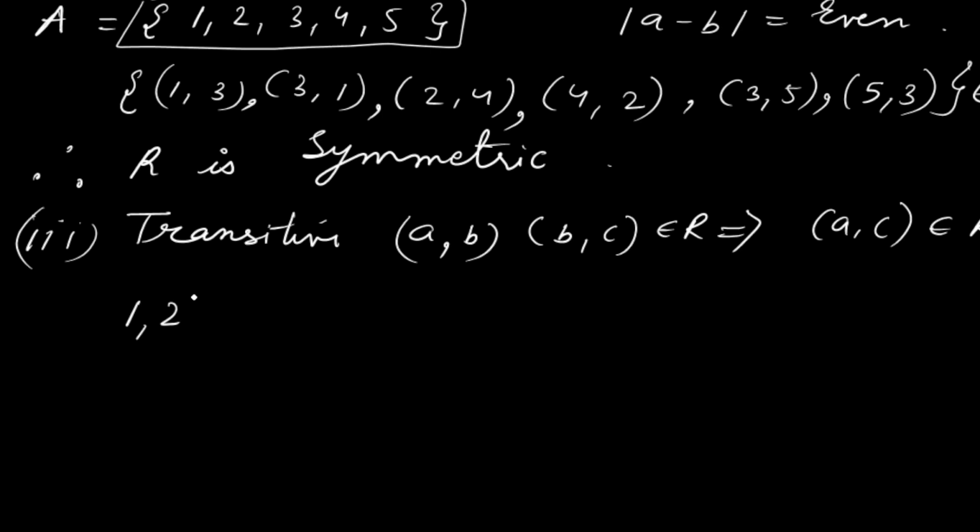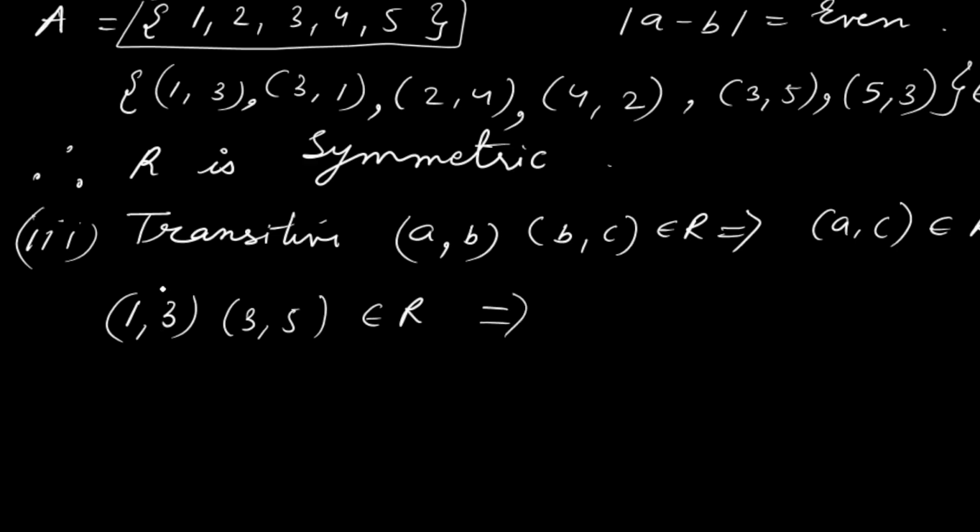So 1 comma 2 will not satisfy, because it will give us 1, which is not even. So 1 comma 3, because the mod of 1 minus 3 gives 2, which is even, and then 3 comma 5. 3 minus 5 is minus 2, and its mod will be positive 2. So these two belong to R.